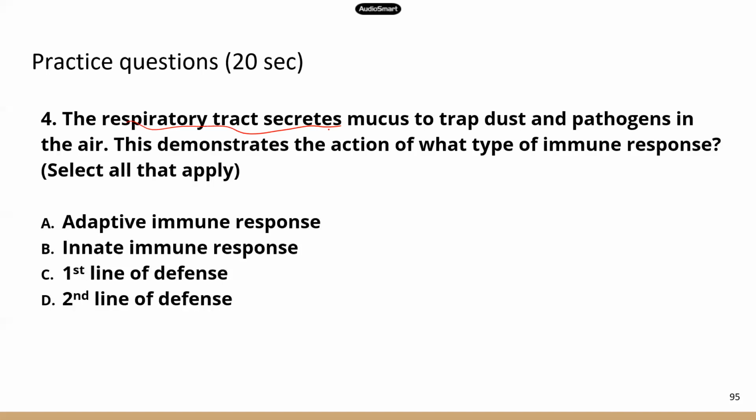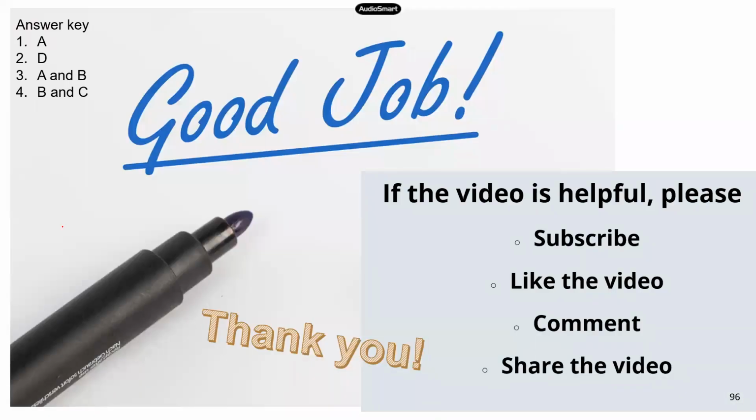And we know that this layer and its associated product, such as mucus, are part of that surface barrier. And that's the first line of defense. Now, don't forget that the first line of defense is also part of the innate immune response. So B and C.